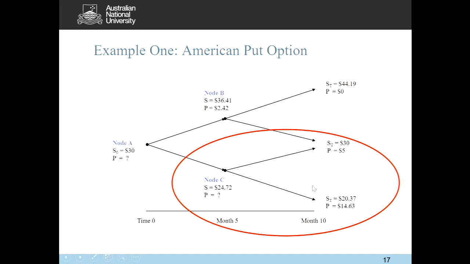So lower right branch here. Now again, we're standing at node C, and we're thinking 5 months ahead, right? So we know the probability of going up, 50.58%, and we have a payoff of $5. There's a 49.42% chance the share price could go down. If it goes down, we have a big payoff, 14.63, right?